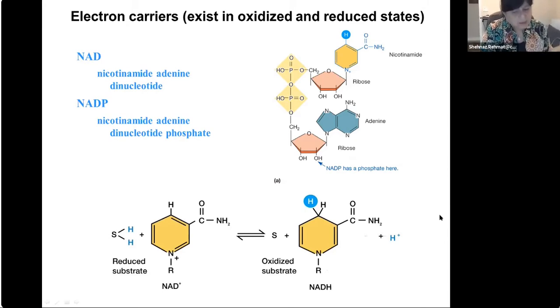NAD is the carrier, but when it is an anabolic pathway or synthesis is occurring, you will usually see NADP as the carrier. So there is a very fine distinction between the two. Mostly NAD is used for catabolic pathways, and NADP will be used when we do a lot of anabolism or synthesis of molecules. So here are the reduced and the oxidized states being shown here.